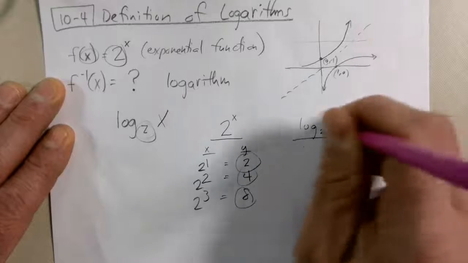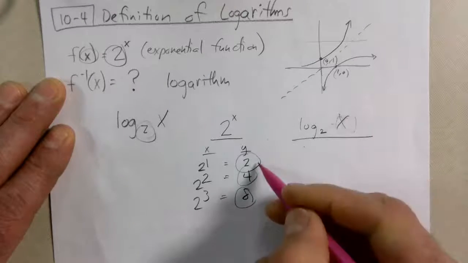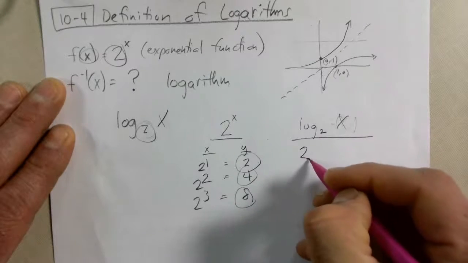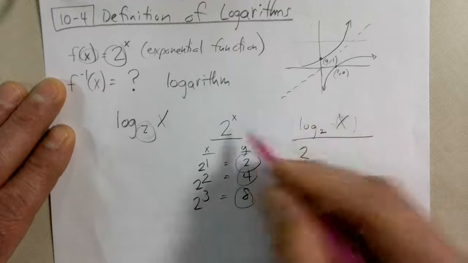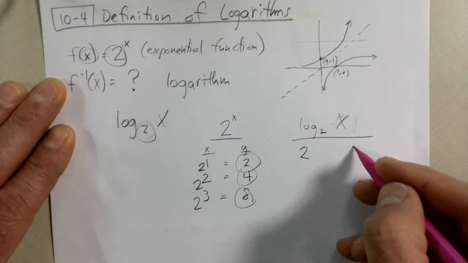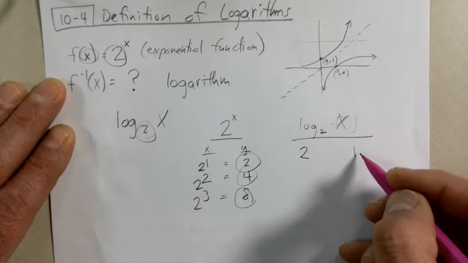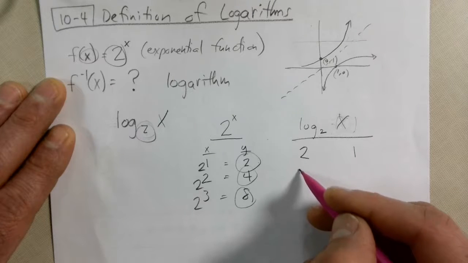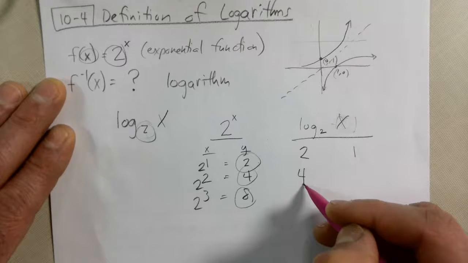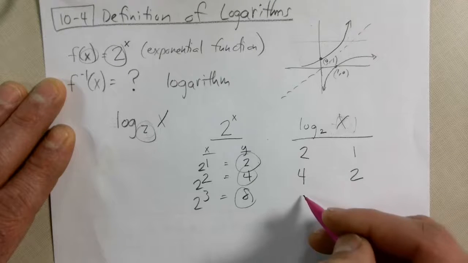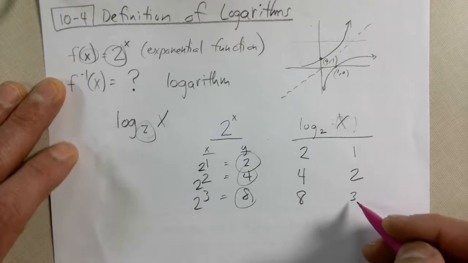So if I plug in the 2, because this is going to undo that, I will get 1. If I plug in a 4, I will get 2. If I plug in 8, I get 3.